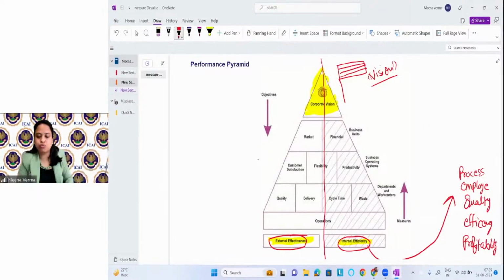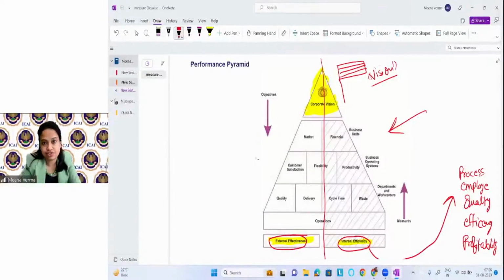So this part is focused on how well the company is performing within the organization. We are considering all the factors within the organization.